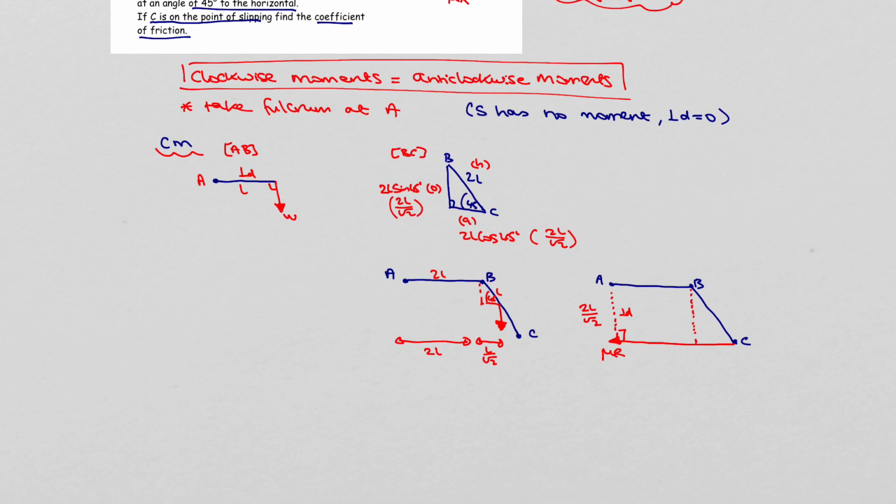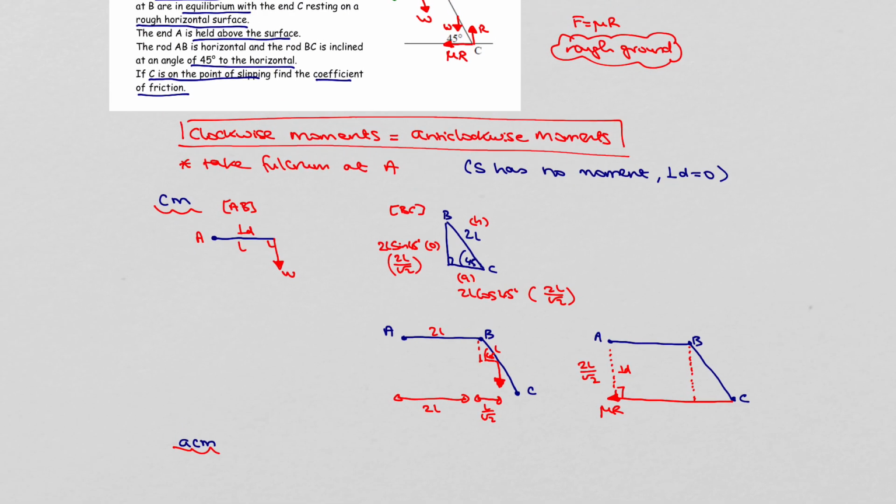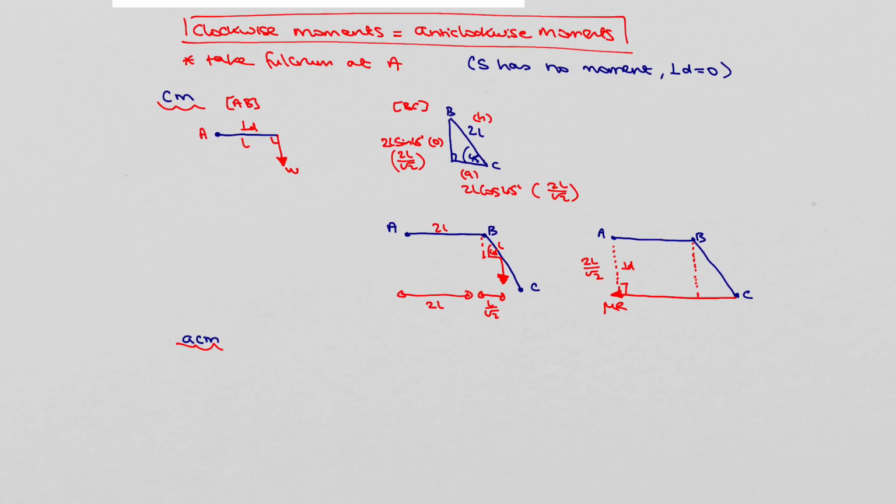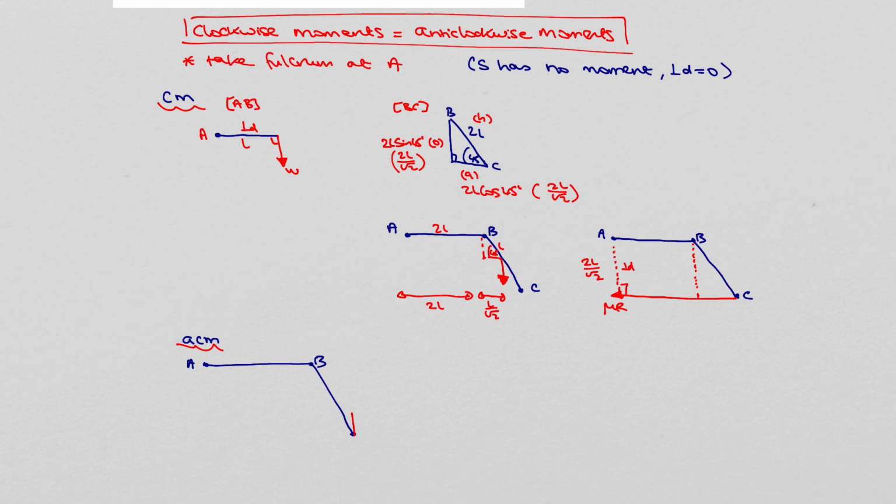So if I look at my anticlockwise moments and I work out my perpendicular distance, I can then set up my equation. So my perpendicular distance for R, well again, there's A, there's B, C. So we have A, B, and C. And R is acting up.